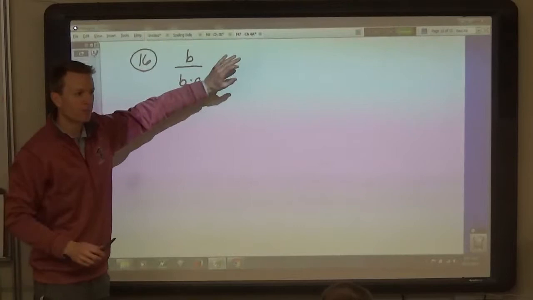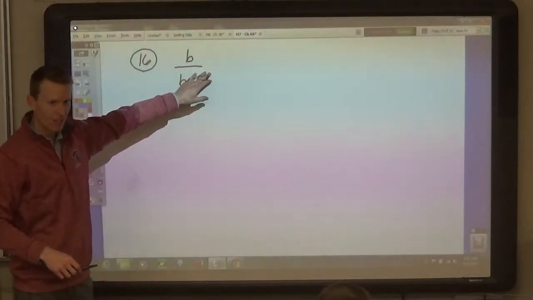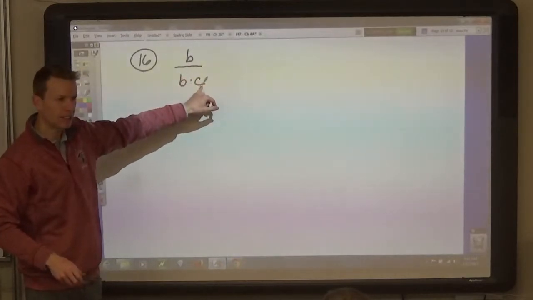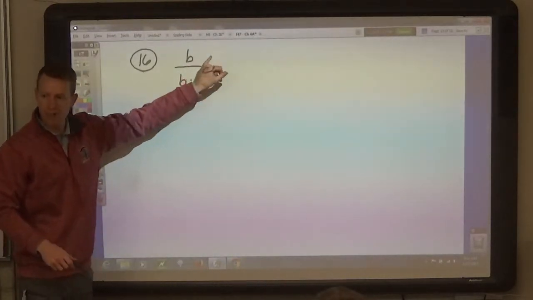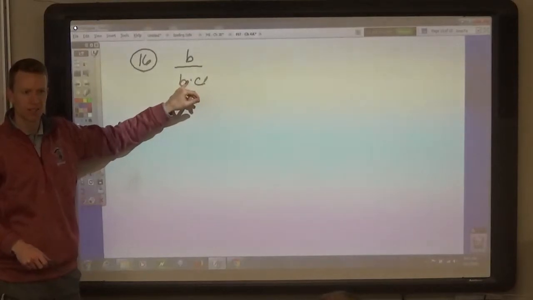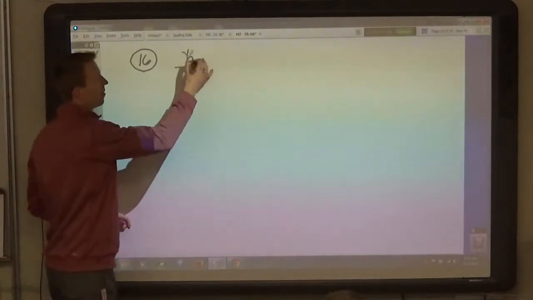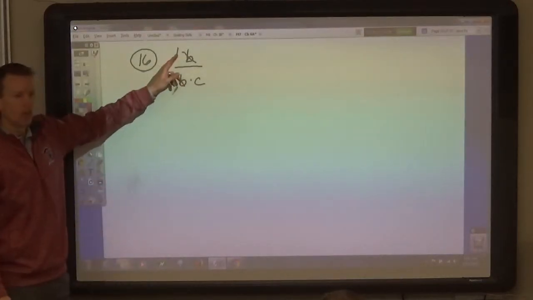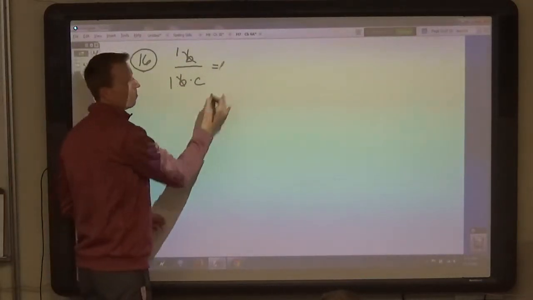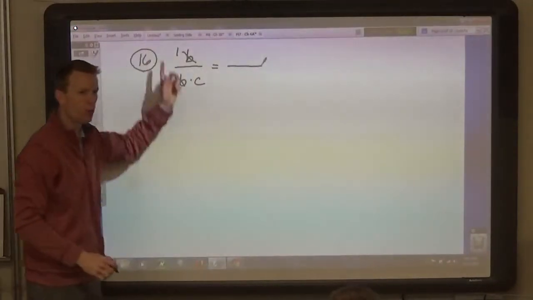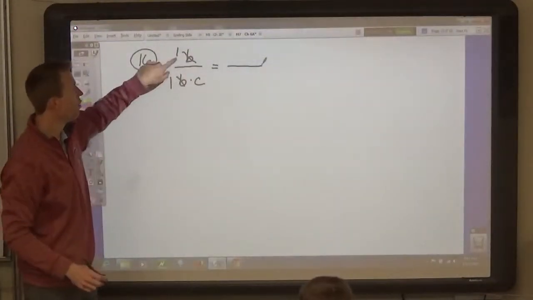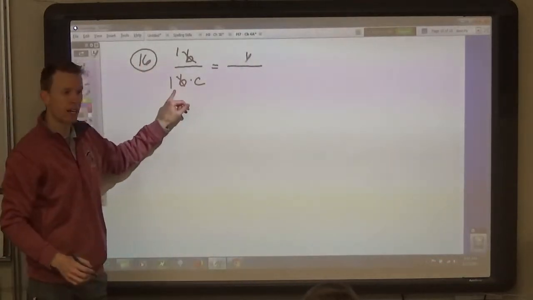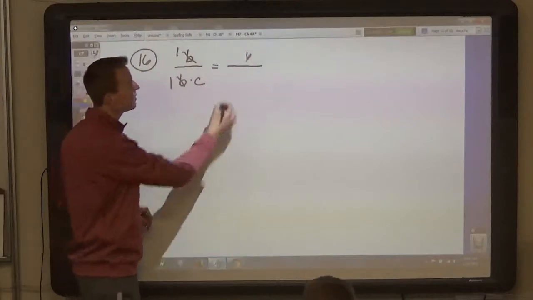B over B times C. What's B divided by B? 1. So put a 1 there and a 1 there. What's left in the numerator, Max? 1. What's left in the denominator? 1C.